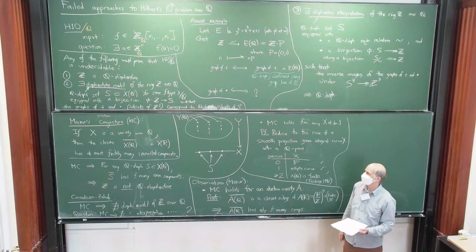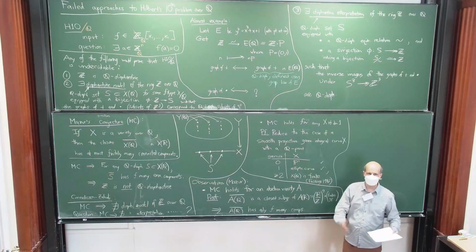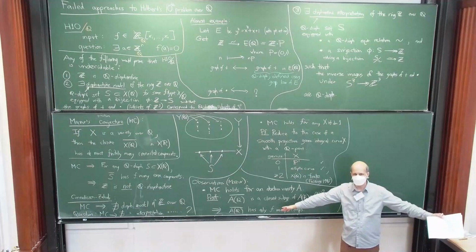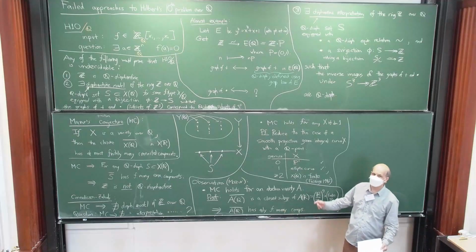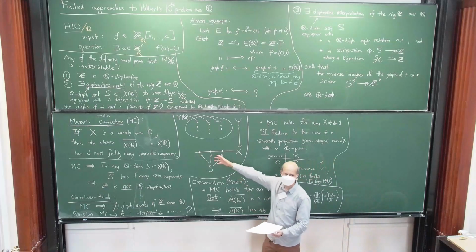I think this is also part of the reason. It's almost as if Mazur was trying to embarrass the whole field of arithmetic geometry, showing, oh, you can't even do that. You can't even figure out a basic question like this, even for 2-dimensional varieties.